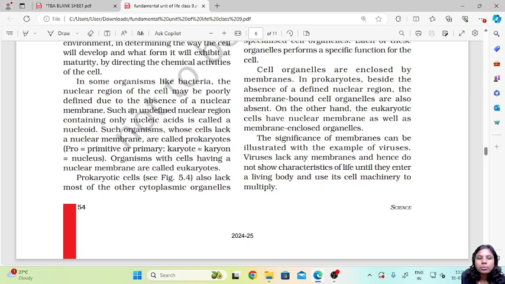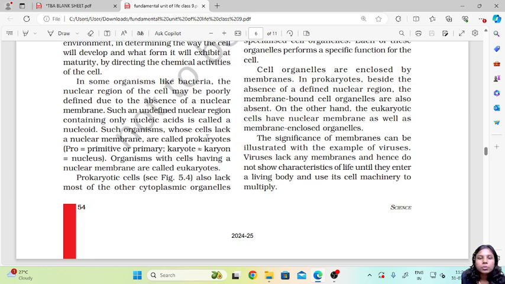Due to the absence of the nuclear membrane, there is no transfer happening from inside to the cytoplasm. Such an undefined nuclear region containing only nucleic acids is called a nucleoid.